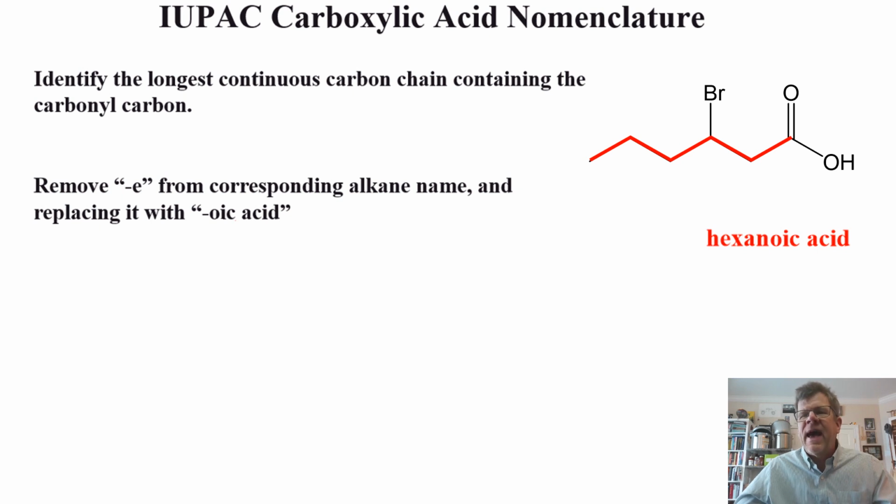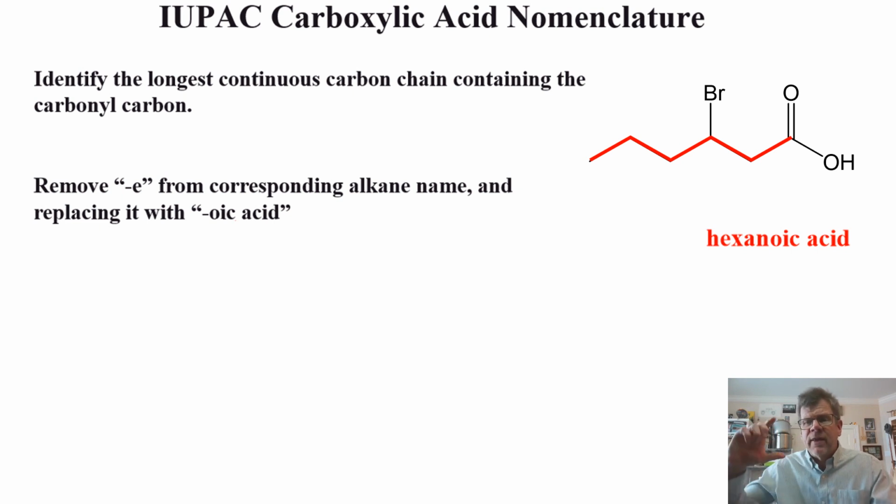Hexane becomes hexanoic acid. Now, just like aldehydes, notice where the carbonyl group must always exist on a parent chain in a carboxylic acid. By structural definition, it must exist at the very end carbon. We saw that with aldehydes too.